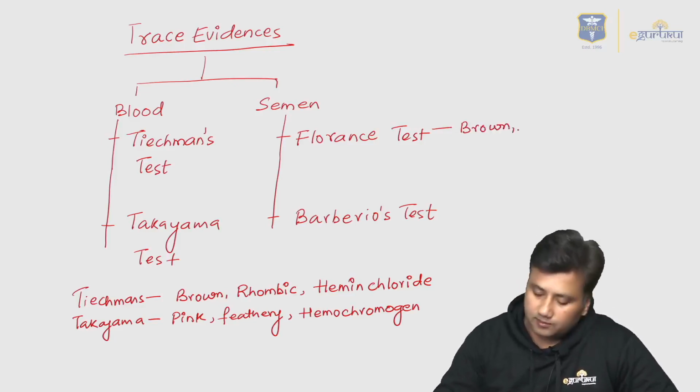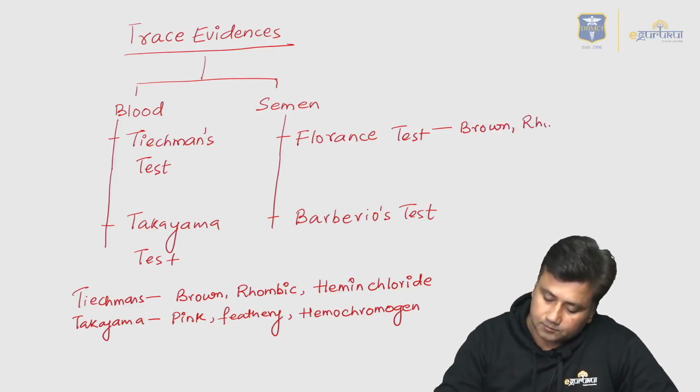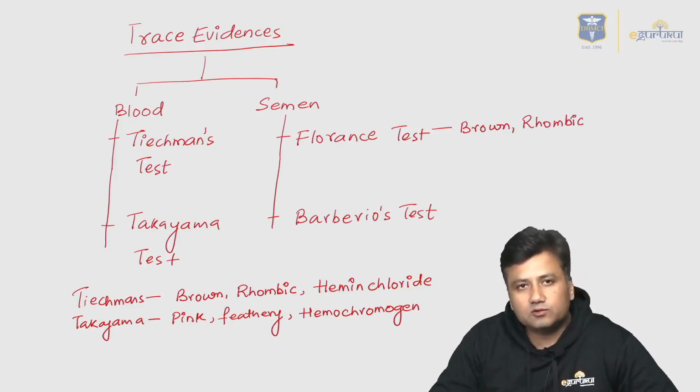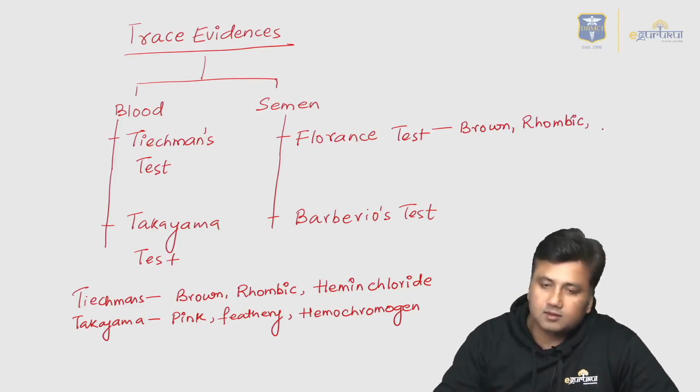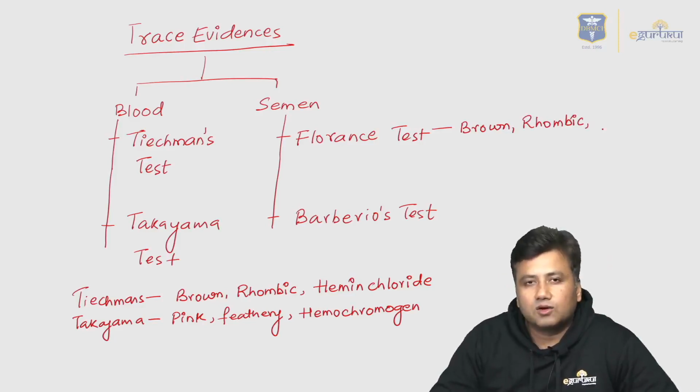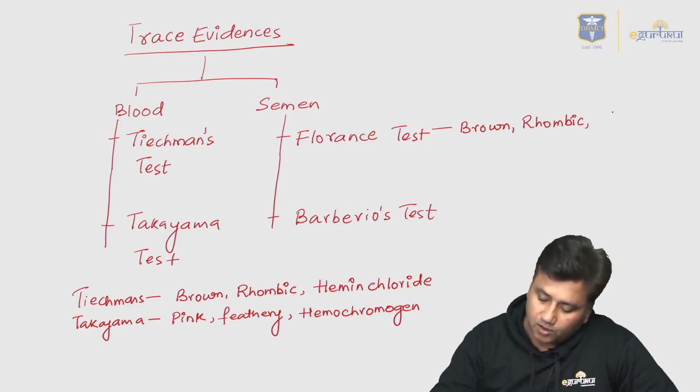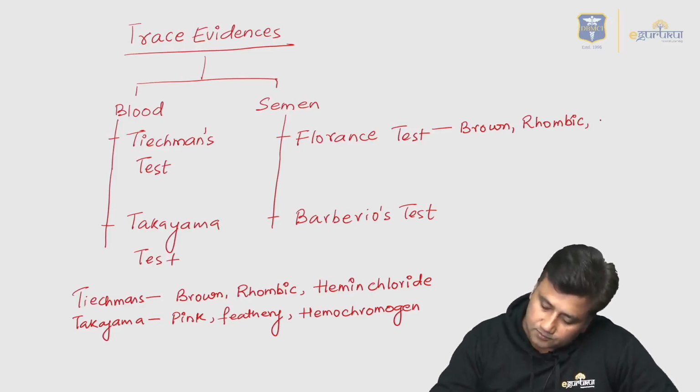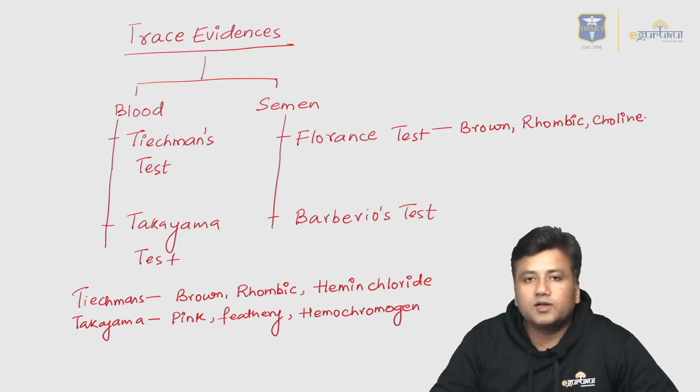Whereas if we talk about semen, in Florence test, the crystals generated are again brown in color and rhombic in appearance. They are called crystals of choline iodide.